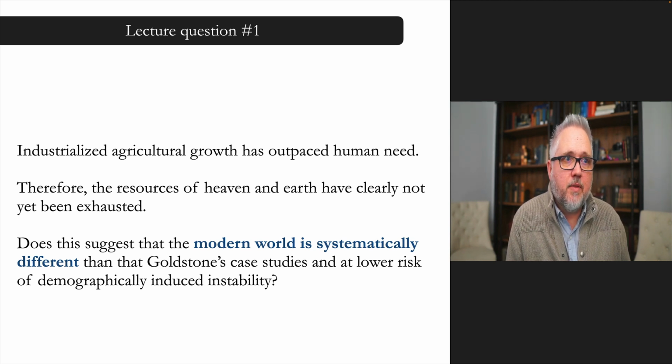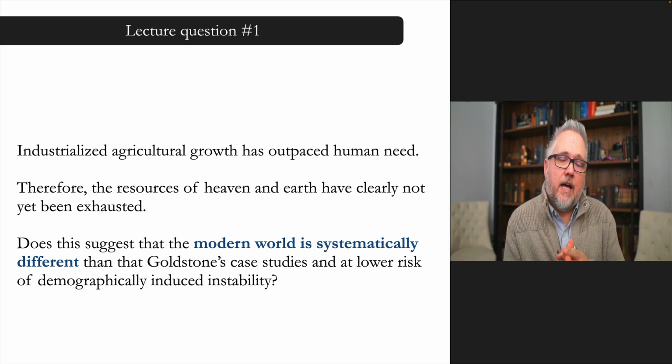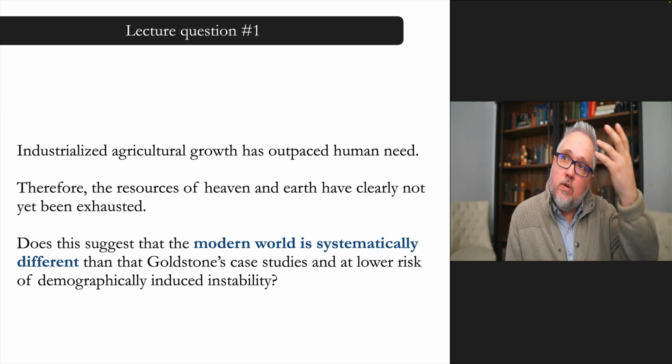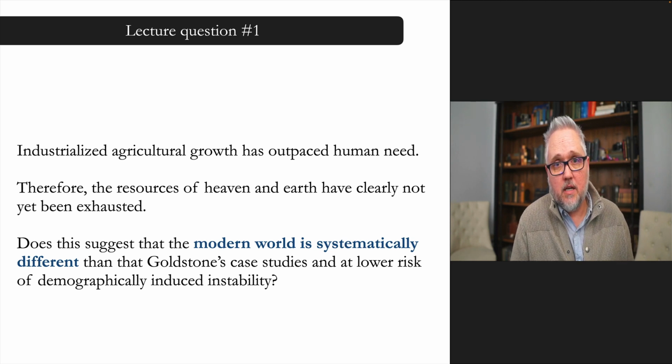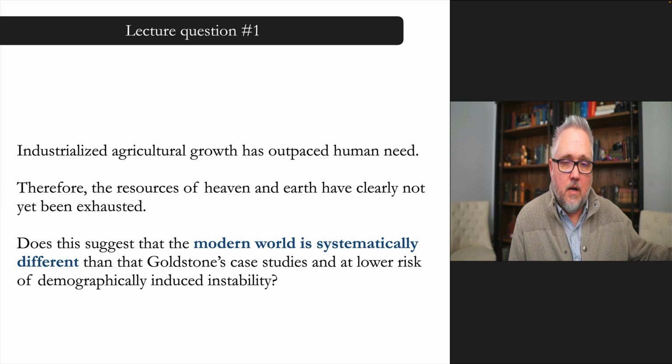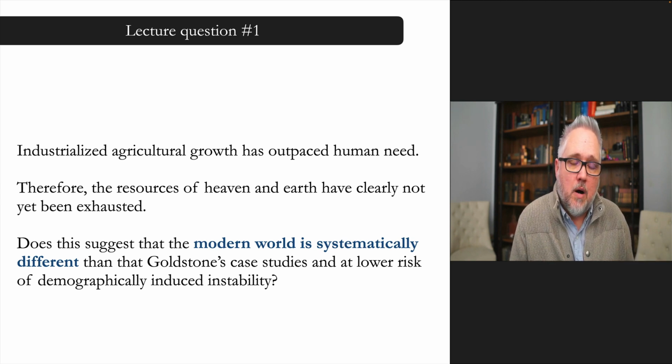But is there something, and tying to the Gleditsch reading for this week, have there been technological solutions or ways of dealing with these challenges that mean that the world that we see today and the potential challenges we'll see in the future are systematically different than the cases that people have looked to in the past to look at the importance of population growth and environmental scarcity?